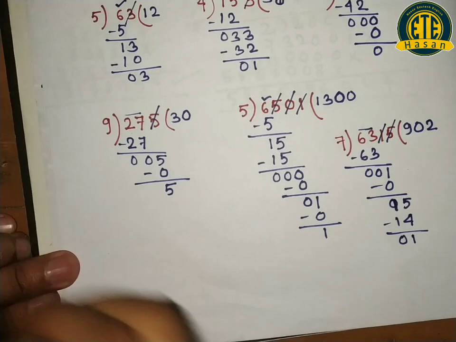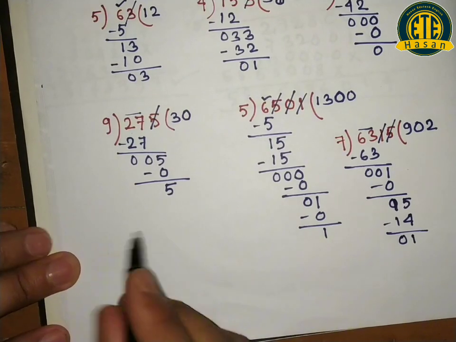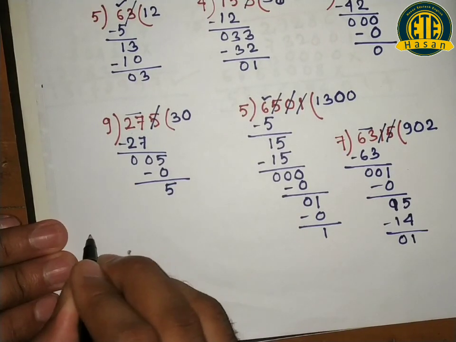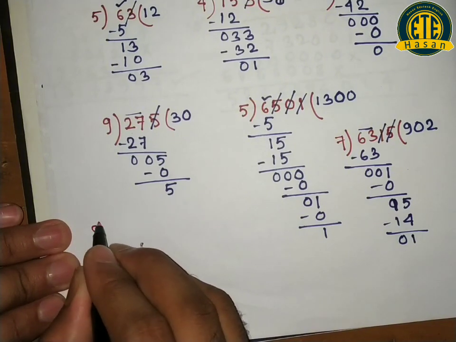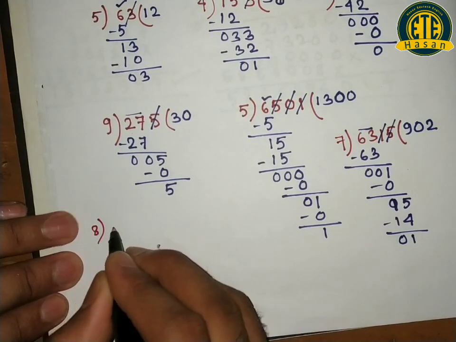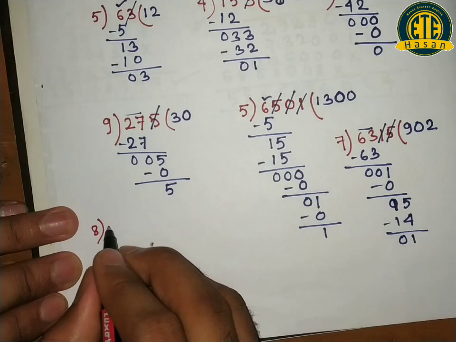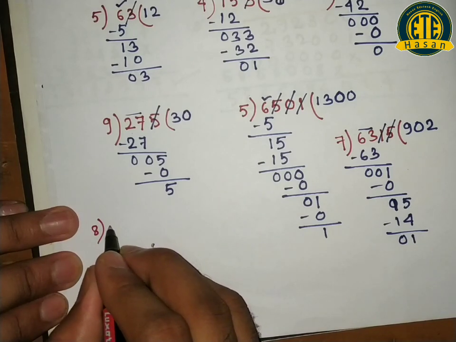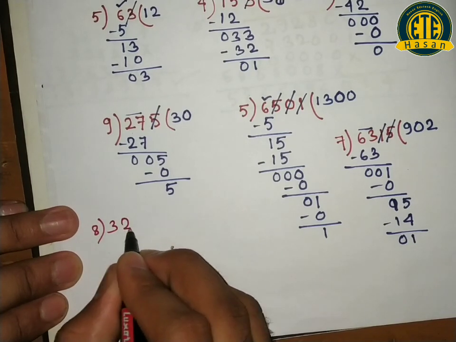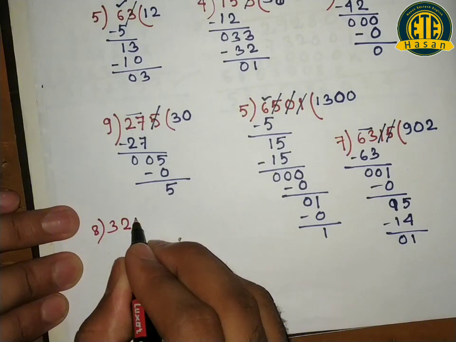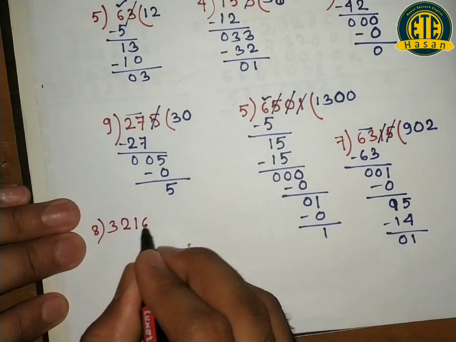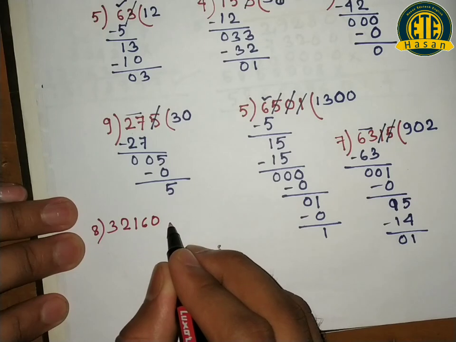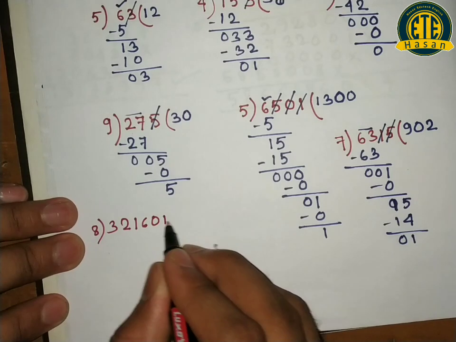Let's take another example, like 3216001 divided by 8.